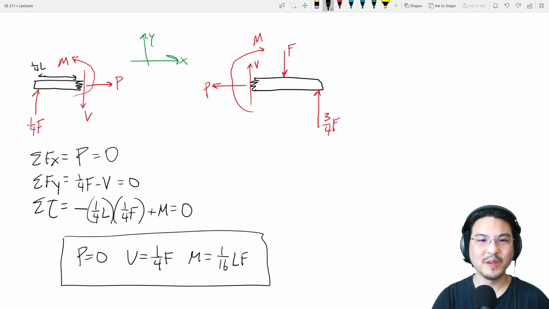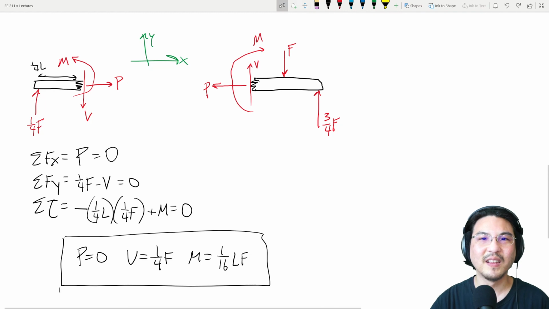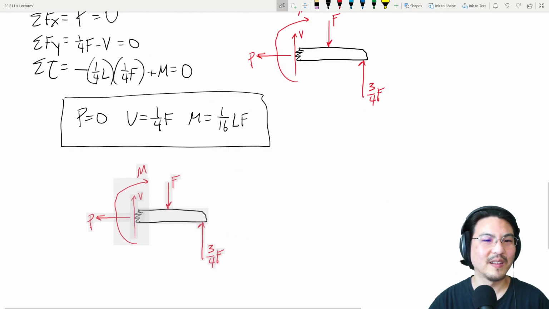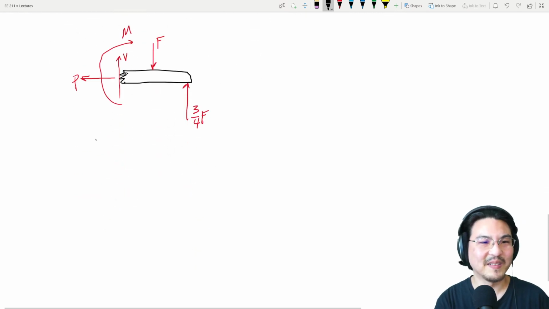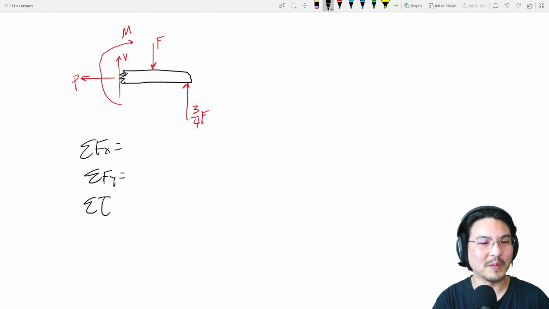Okay, now you don't need to, but just to prove to you, if we analyze this other section, what would we have gotten? Let's try it. Okay, so some force X, some forces Y, some torque about somewhere clever. Okay, X direction. My coordinates were like this.